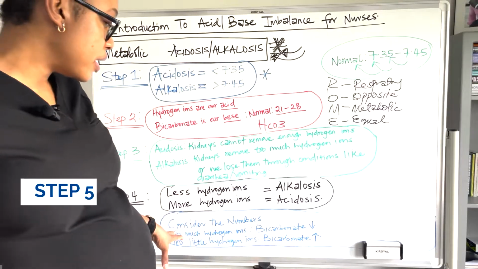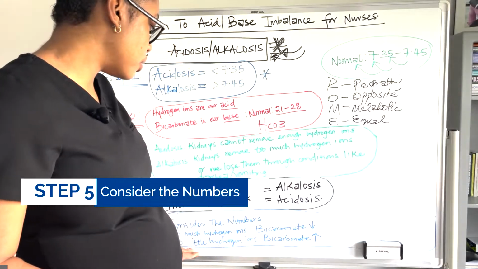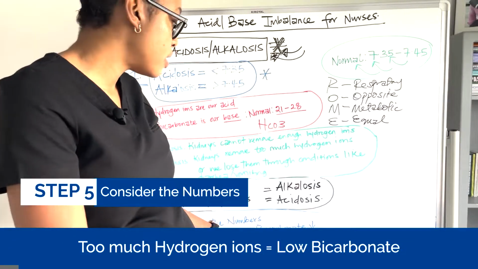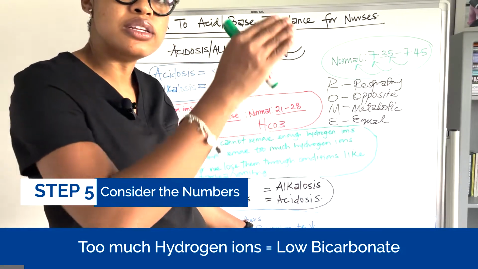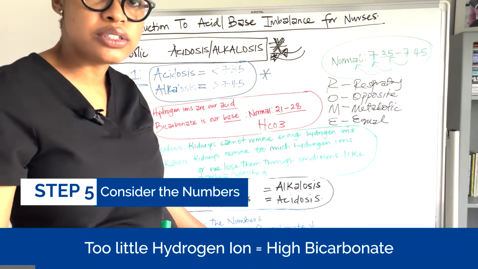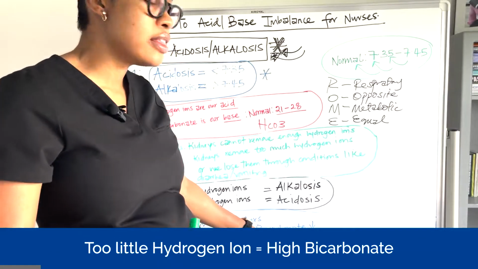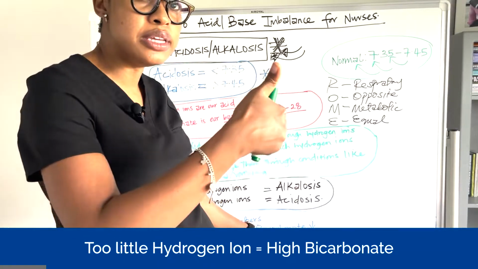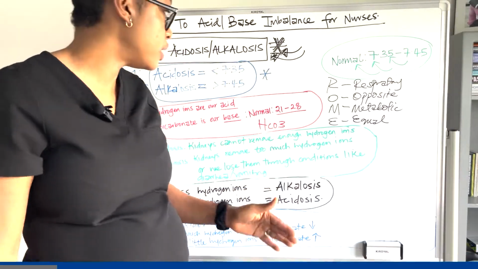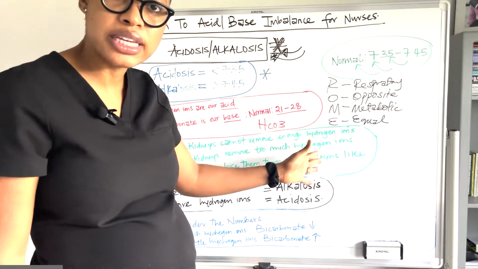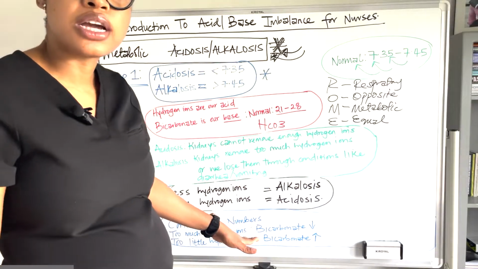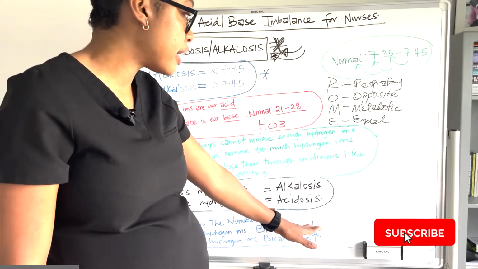Now, we have to consider the numbers. If there's too much hydrogen ions, then bicarbonate is low. If there's too little hydrogen ions, then bicarbonate would be high. Now remember we said bicarbonate, the normal is 21 to 28. So too much hydrogen ions leads to a low bicarbonate.